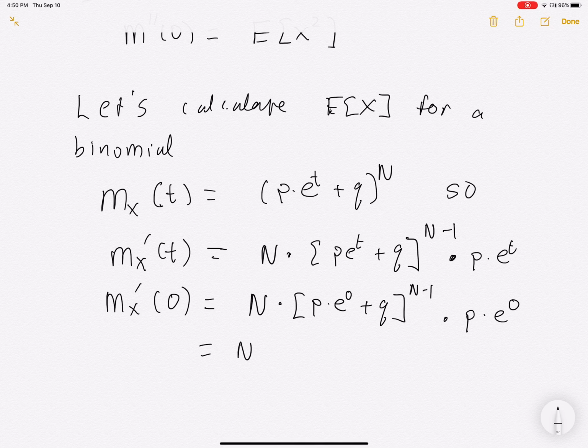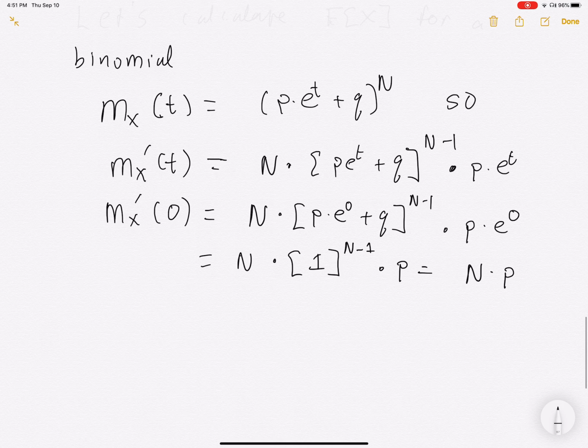Now this is going to be n, and what we get inside here is p plus q, and p plus q is 1, times p. So at the end of the day, we get n times p, and hence the mean, which is E of X, is equal to n times p, and that's where that formula comes from.